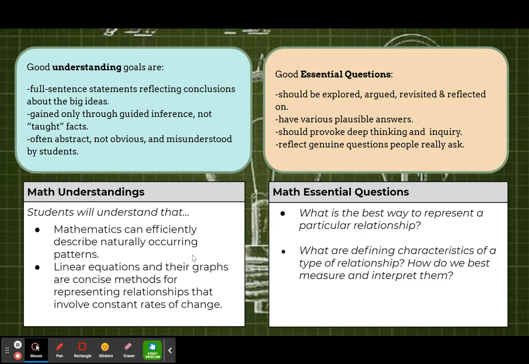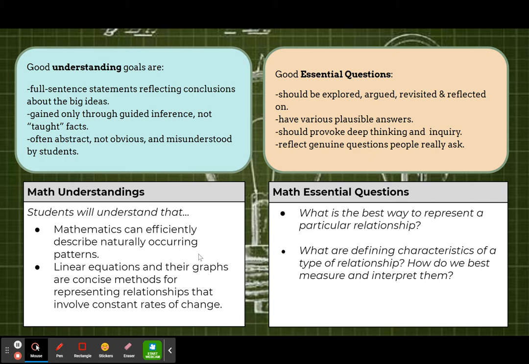That's a pretty big idea, and it's a full sentence statement that can be applied in different contexts and situations. It's also something that students can infer over the course of the unit as they investigate different sets of data. They can figure out over time that math can efficiently describe these patterns that they find in different data sets.